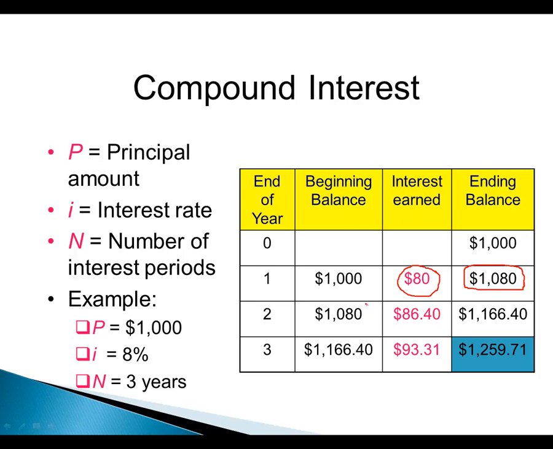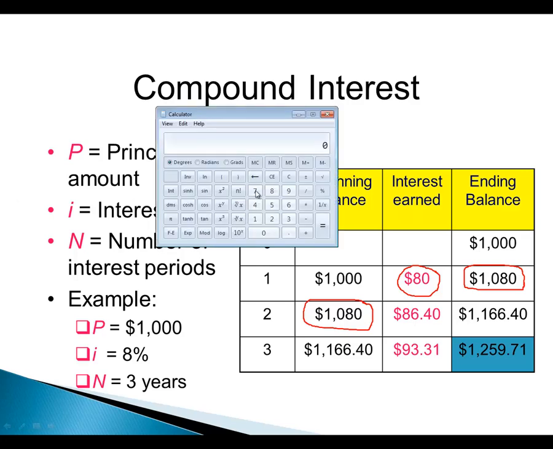Now we take the new amount, the 1,080, and find the 8% of that. If we use the calculator again, we can see that 1,080 times 0.08 is equal to 86.40, and this will be the new interest based on the new accumulated number.